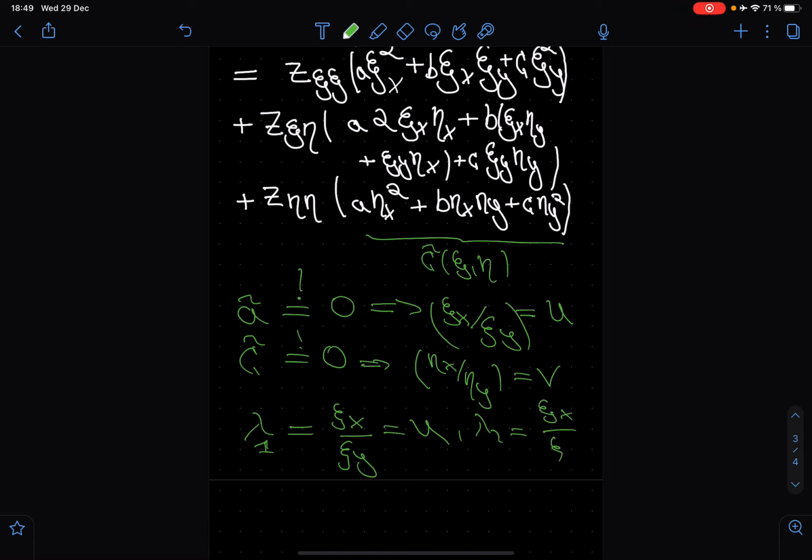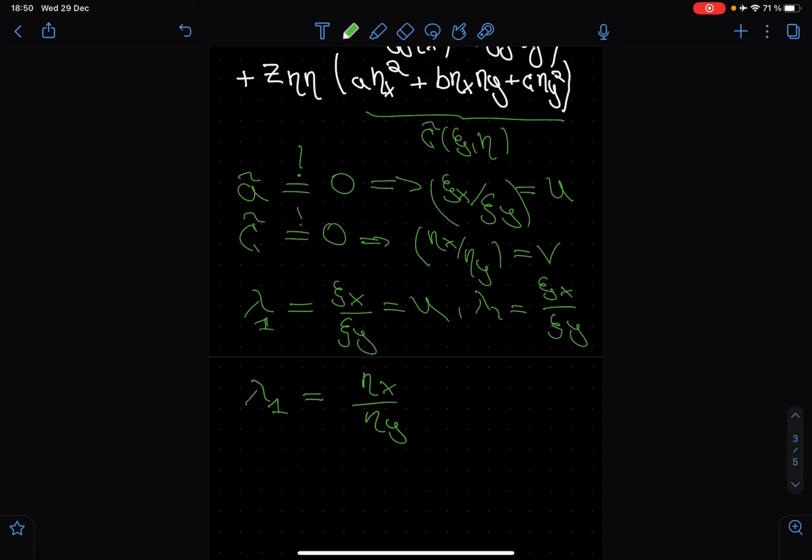Or if you solve A, and C will give you the same, so you can call that u1, v1, and that will be u2, and lambda 2.